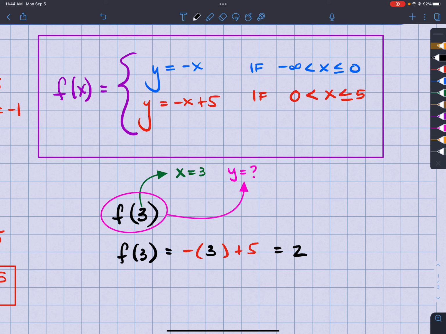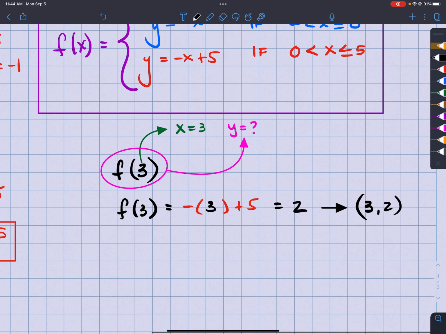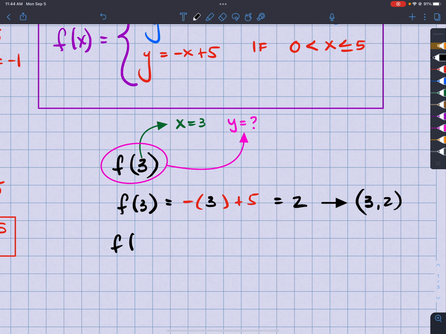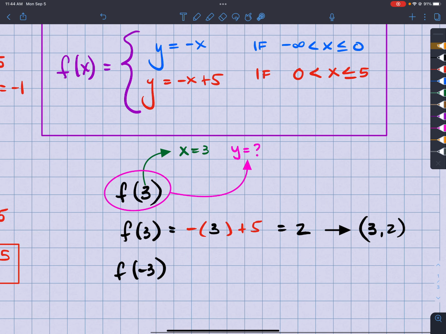And don't forget that really I have a point right here. And that point is going to be (3, 2). So when my x value is 3, my y value is 2. All right, so let's say I'm looking for f of negative 3, right? So I know that this is my x value, negative 3. So where does it lie? Does it lie between 0 and 5 or negative infinity to 0?